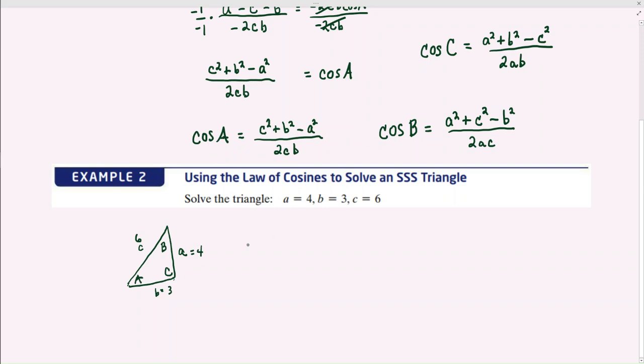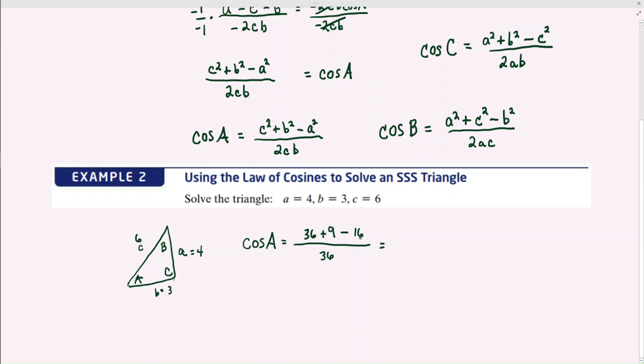Now we don't have any of the angles, so we could really just kick in with whichever one we want. So in this case, I'm just going to start with finding angle A, and I know that A's cosine is equal to C squared, so we got 36, plus B squared, so that's plus 9, minus A squared, so minus 16, over 2 times C and B, so C times B is going to be 18, and then we need to double that, so down here we're going to get 36.